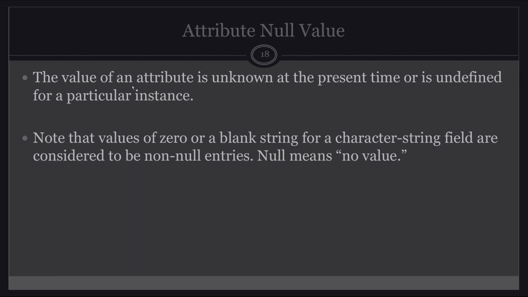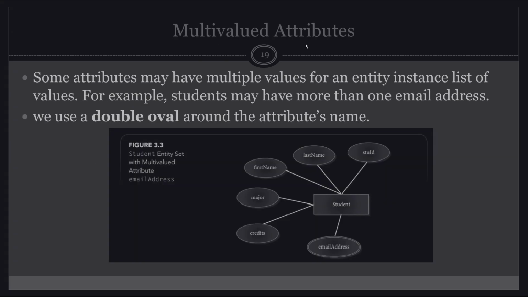Attribute null value. The value of an attribute is unknown at the present time or is undefined for a particular instance. Some attributes, it can be okay for them to be empty, which means that they have no value. Multi-valued attributes, I suppose that's this one here. You use a double oval around the attribute's name, and the email address has multiple values.